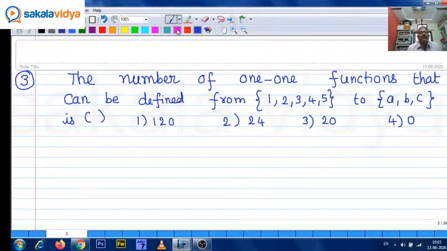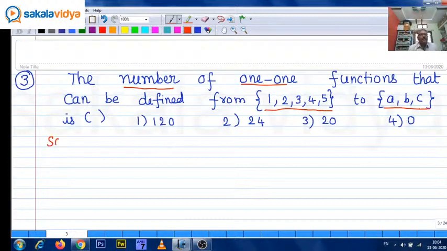So now we need to find out the number of one-to-one functions that can be defined from 1, 2, 3, 4, 5 to A, B, C.